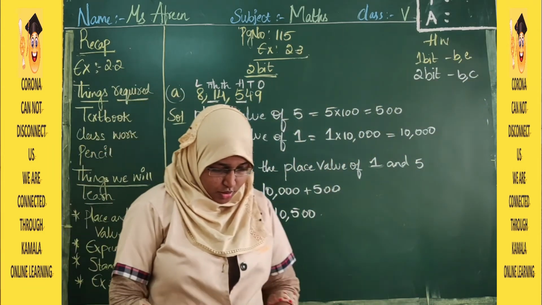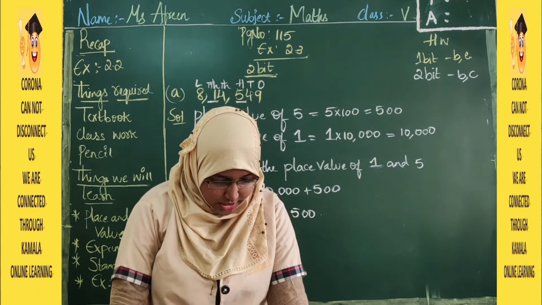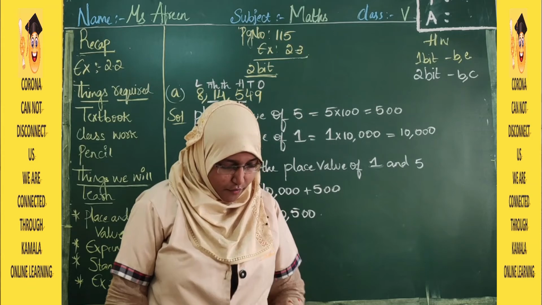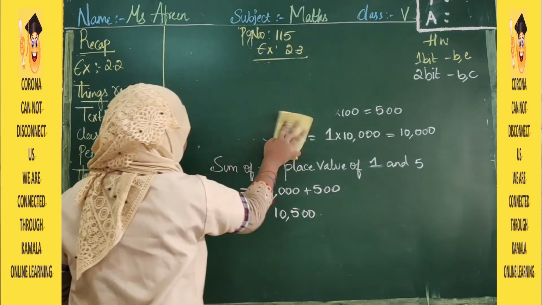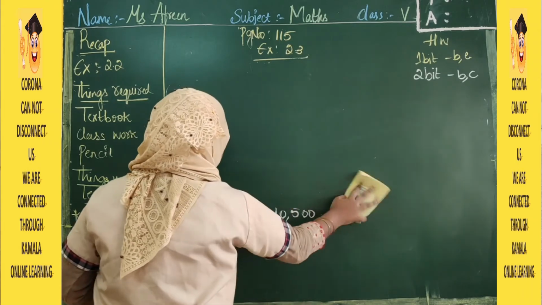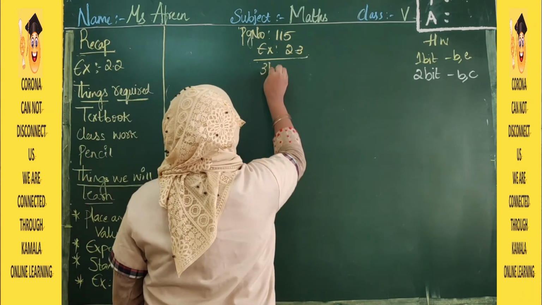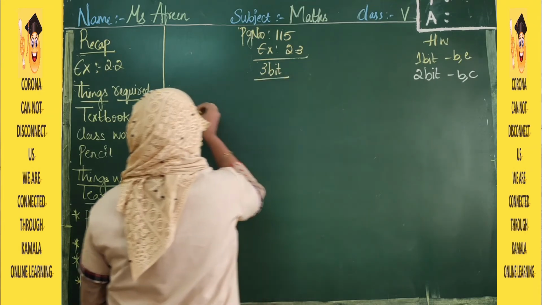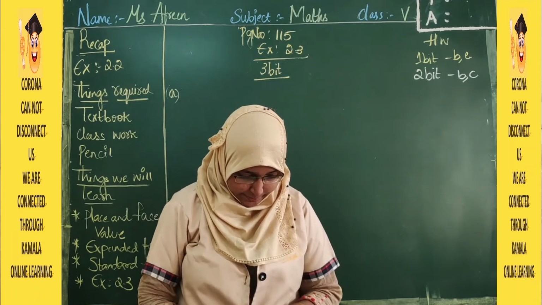Okay. Now we will move with our next third bit. Write the following numbers in expanded form. Hope everyone is following.